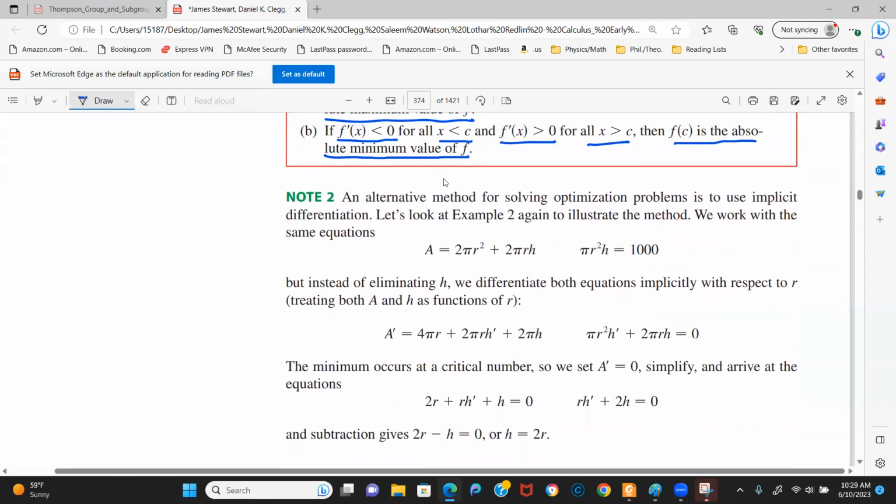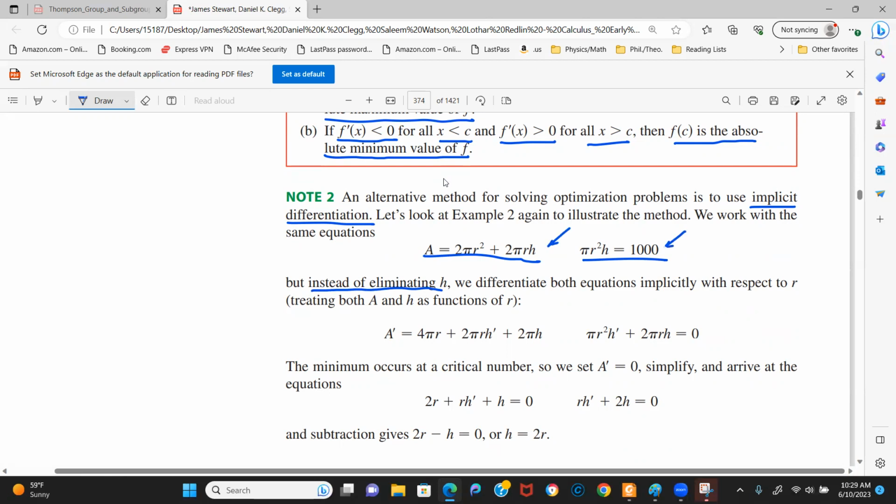So I guess there's this alternative solution I didn't notice before. Okay, so you can use implicit differentiation to solve this, I guess. So this is our equation relating these parameters. You have this as our constraint. And instead of eliminating h, we're going to differentiate both of, oh, okay, that's interesting.